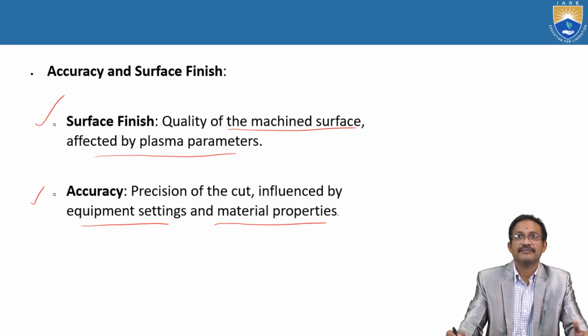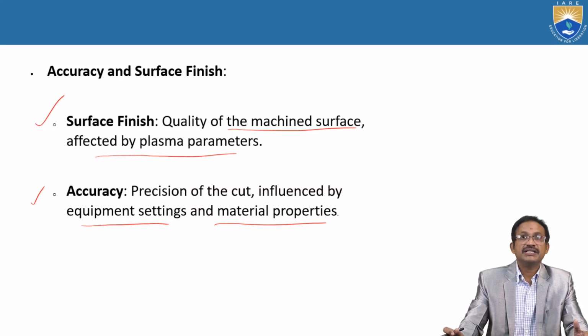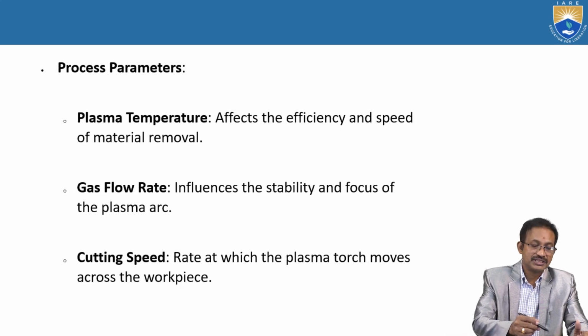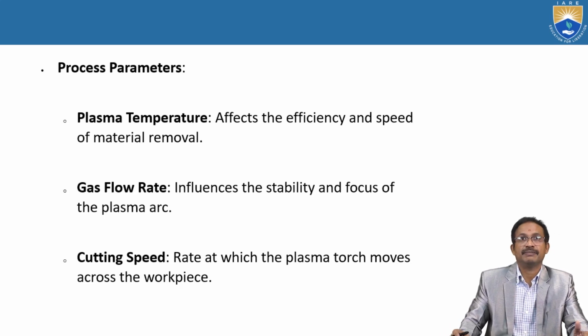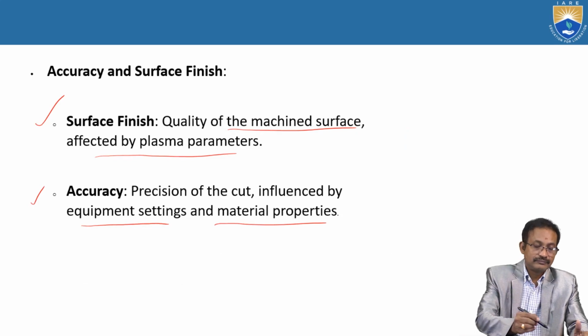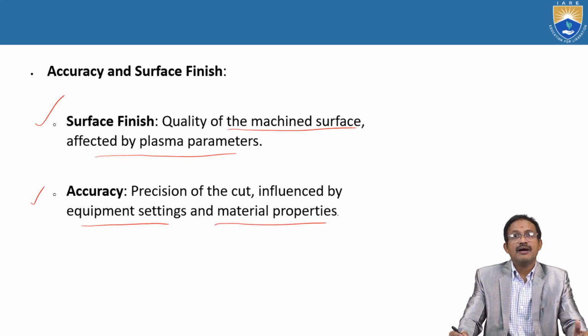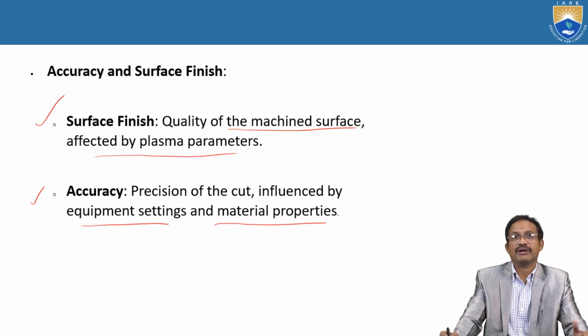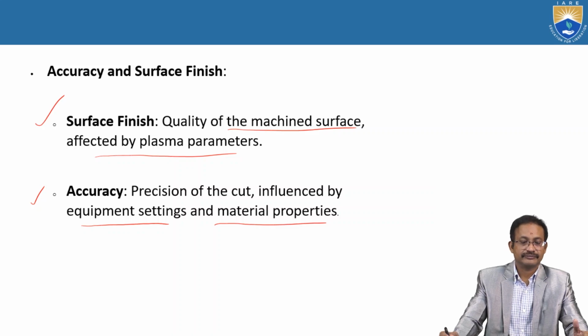The quality of the machined surface depends on the plasma parameters, which are plasma temperature, gas flow rate and cutting speed. Now, coming to accuracy, the precision of the cut is influenced by equipment settings and material properties.